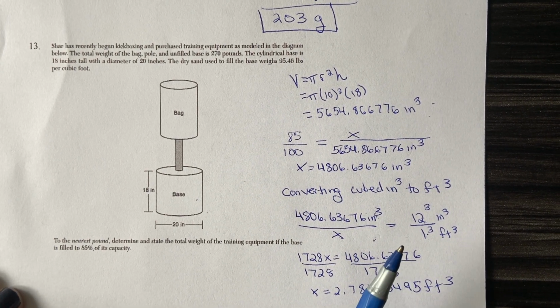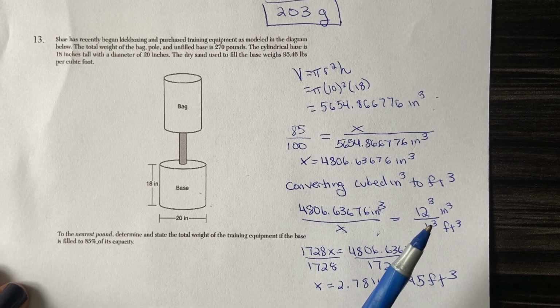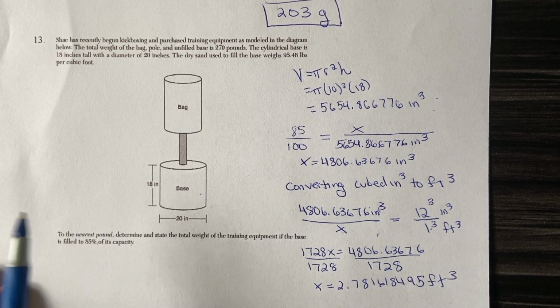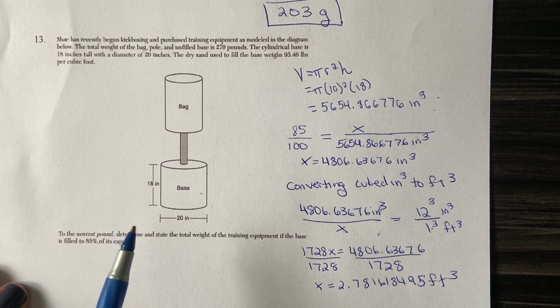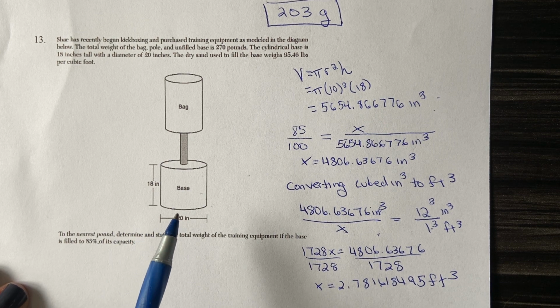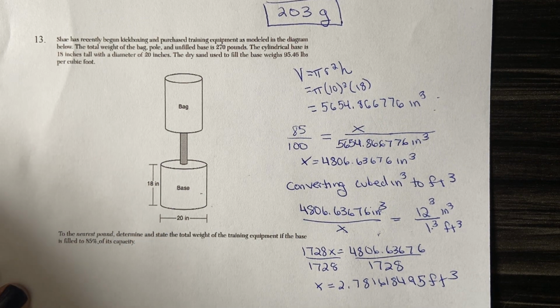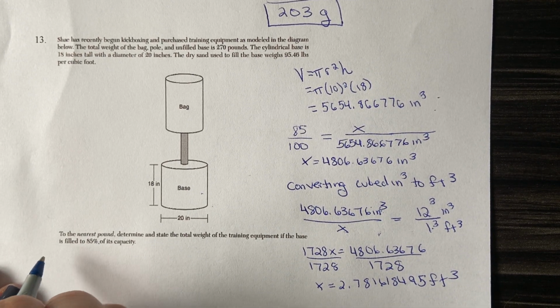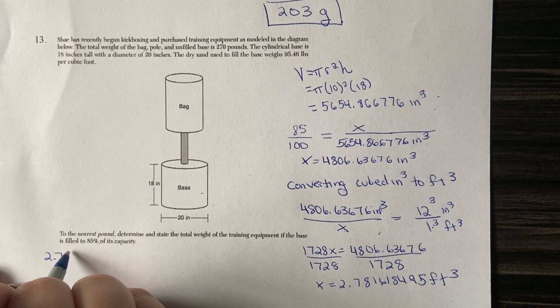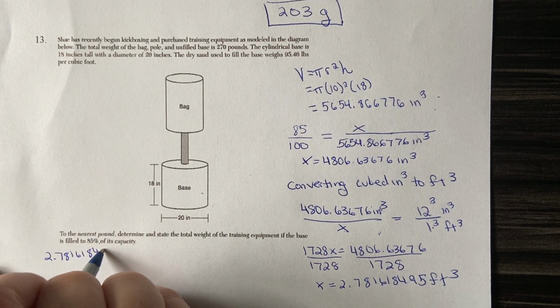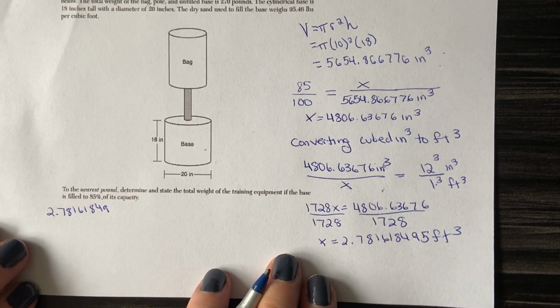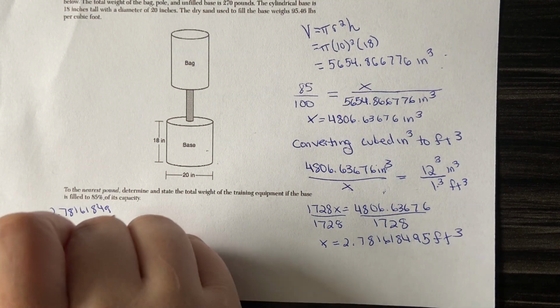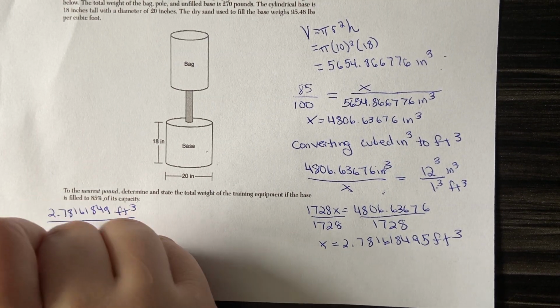Okay, so then the next thing that we're going to do is the pounds. So they want to know, determine to the nearest amount of pounds. So we're going to put our number 2.78161845 cubic feet over x.